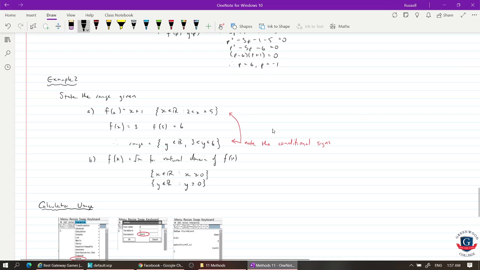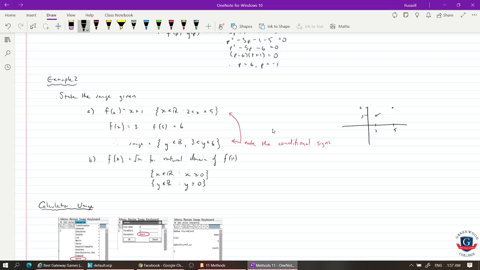So if we graphed it and looked at it, it's going to start at 2, it's going to go to 5. F of 2 would be 3, and we don't want to include that value, so I've made it an open hole. And at 5, f of 5, or y, is going to be 6, and it's going to include that value.